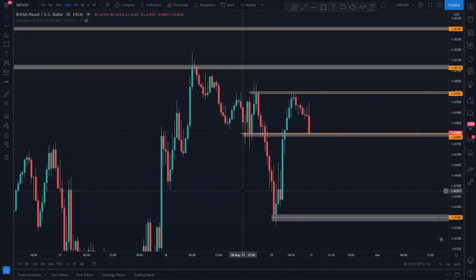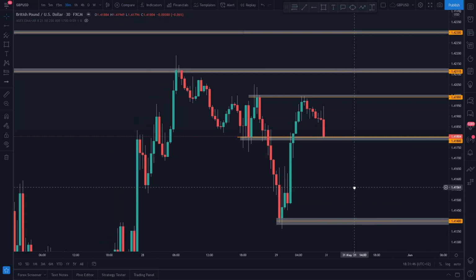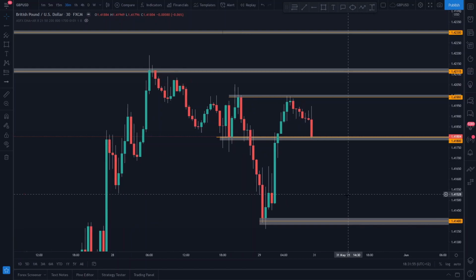So what you want to do is take the trade and take profit when you're really close to those zones and not really wait for it to hit the exact number, because a lot of times the candle would go touch that zone and can pull back. So it is really, really important that you always take profits.